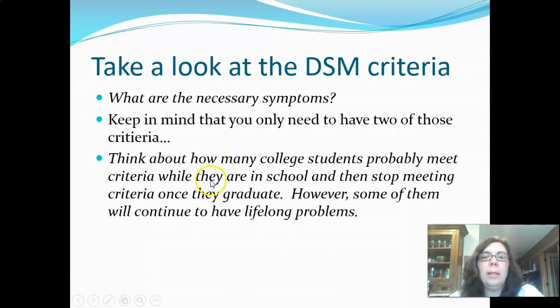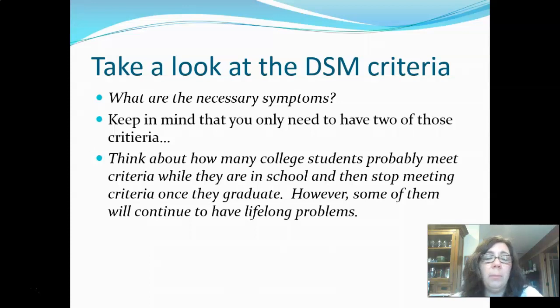One of the things to think about is the fact that just because somebody meets a substance use disorder set of criteria now, doesn't mean that they always will. And the best example of that is college students, that many college students would meet criteria for an alcohol use disorder and maybe even cannabis use disorder or even other things. But alcohol certainly when they're in school, especially if they're living on a residential campus.